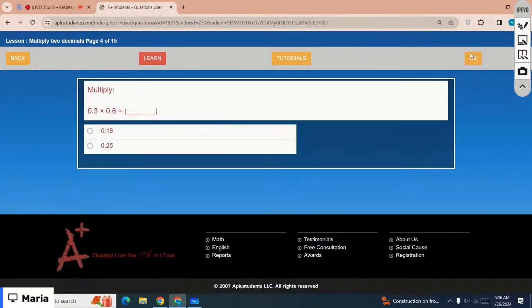The next one is 0.3 times 0.6. So which is the correct option?